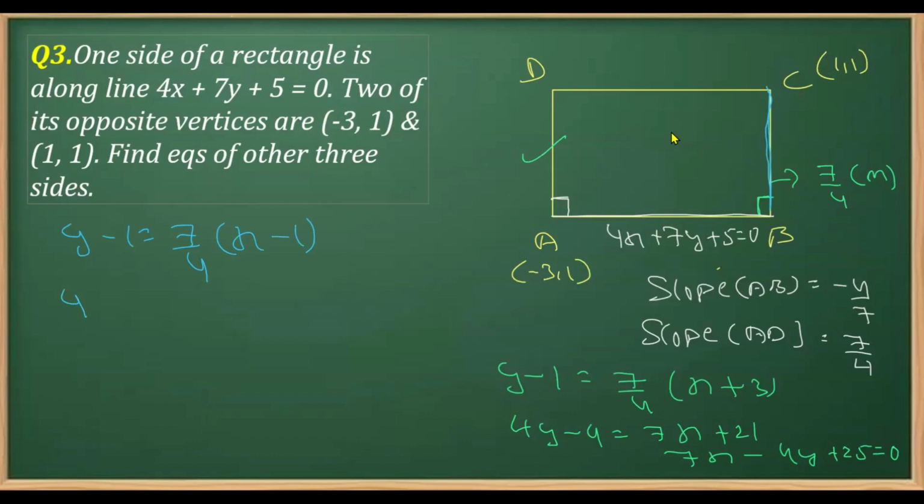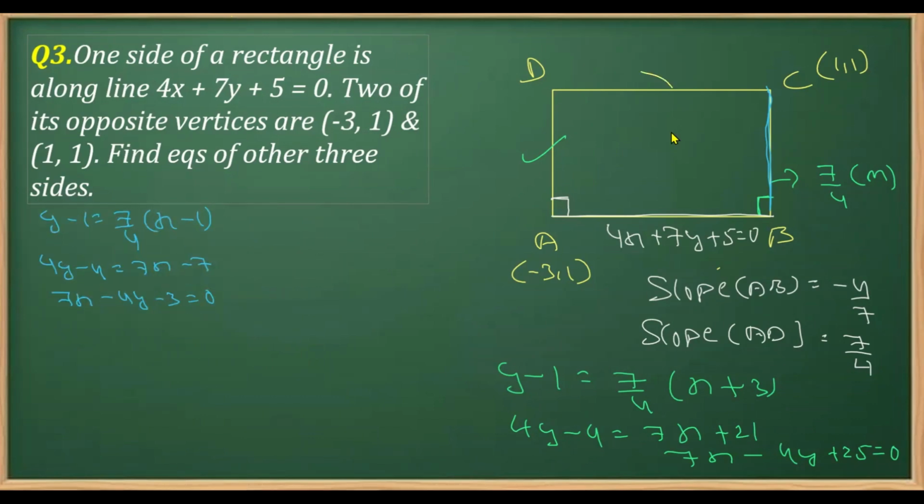By cross multiplication, it will be 4y minus 4 is equal to 7x minus 7. In the standard form, it's going to be 7x minus 4y, and on transposing to the other side, minus 3 equals 0. This way we got the equation of the third line, that is BC.